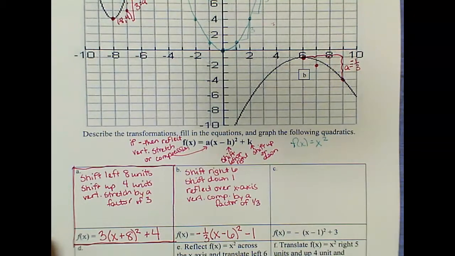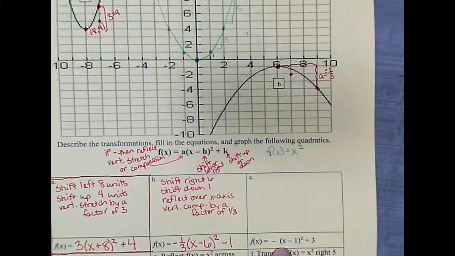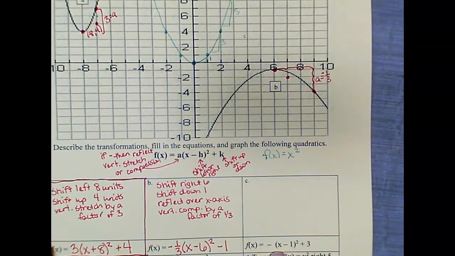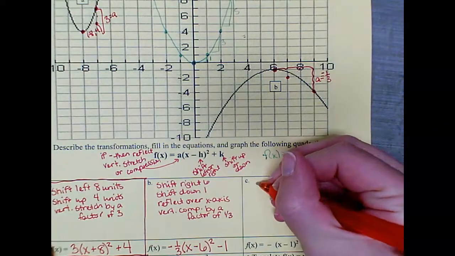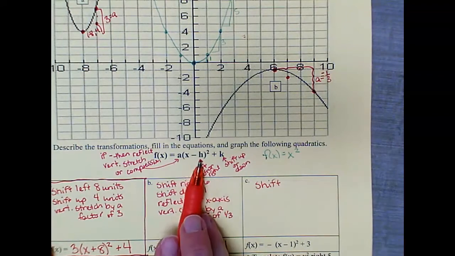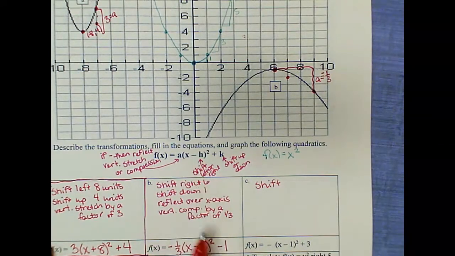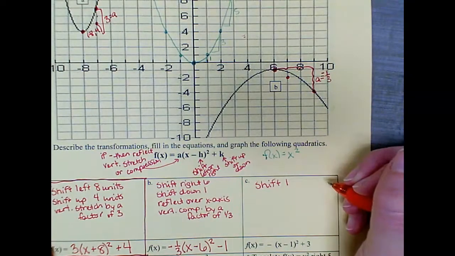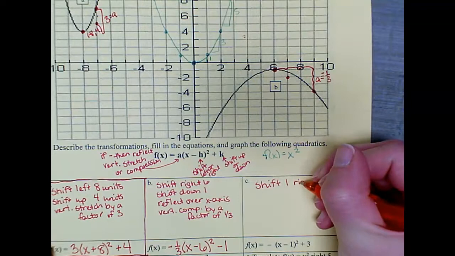Okay. So now let's look at C. C doesn't give us a graph, C gives us an equation. Let's try and pick out the things that are happening in the equation. So in the equation, we have this minus 1, so where are we shifting? That's in the place of h, so we're either shifting left or right. If you have minus 1, are you shifting left or right? You're shifting right.